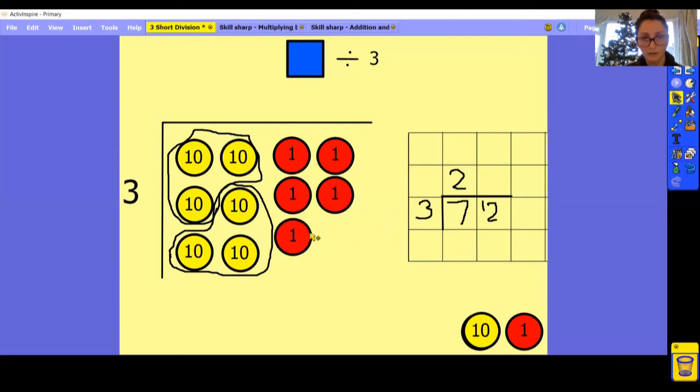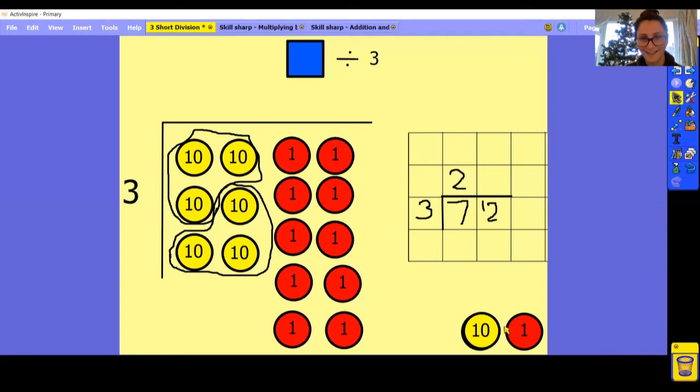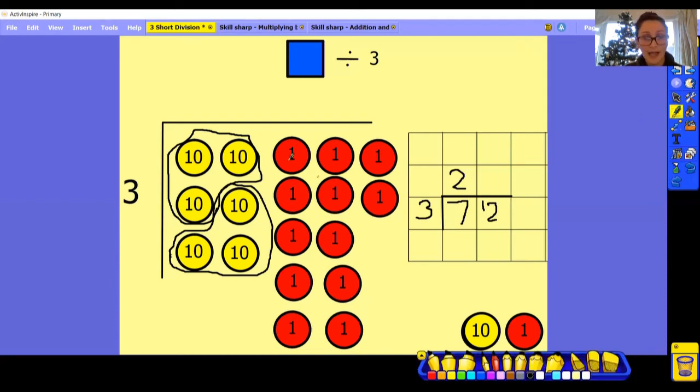So we've got 1, 2, 3, 4, 5, 6, 7, 8, 9, 10. Okay, so again, I'm going to see how many groups of 3 I can have. So I've got 1, 2, 3.